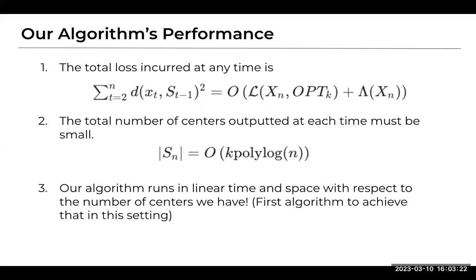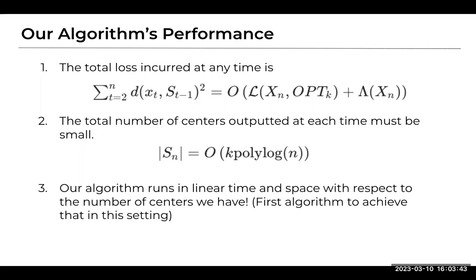So using that idea, our algorithm achieves the following performance. The total cost incurred at any time is O of the best possible cost with k-centers plus that lambda term. And the number of centers that we output at each time is small.